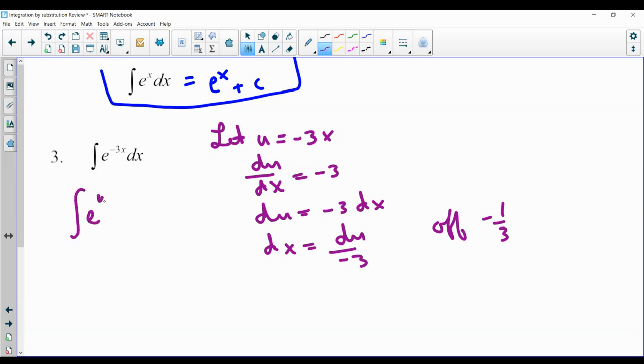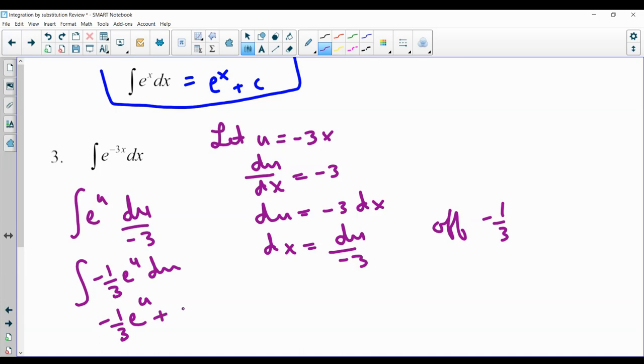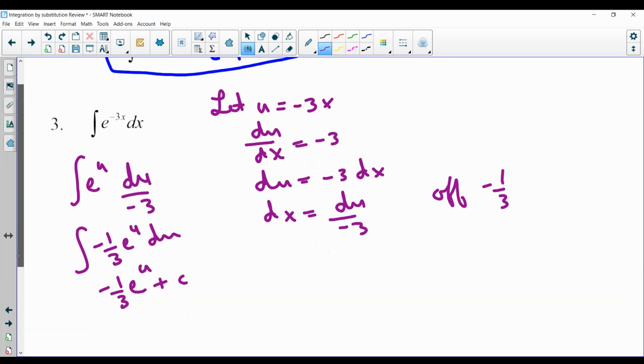It's e to the u, and then dx is now du over -3. So in essence, I'm literally integrating this, which just becomes this. Okay, and then you just sub back in your u.